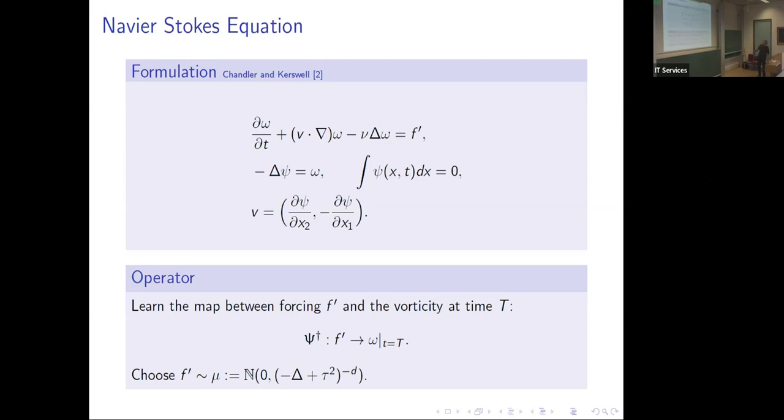And in this first example, I'm going to look at the following question. Given forcing, now the equation is written for the vorticity, so this f prime is the forcing in vorticity space, so it's a scalar valued function over the torus. I would like to find the mapping from f prime to the solution at time t.